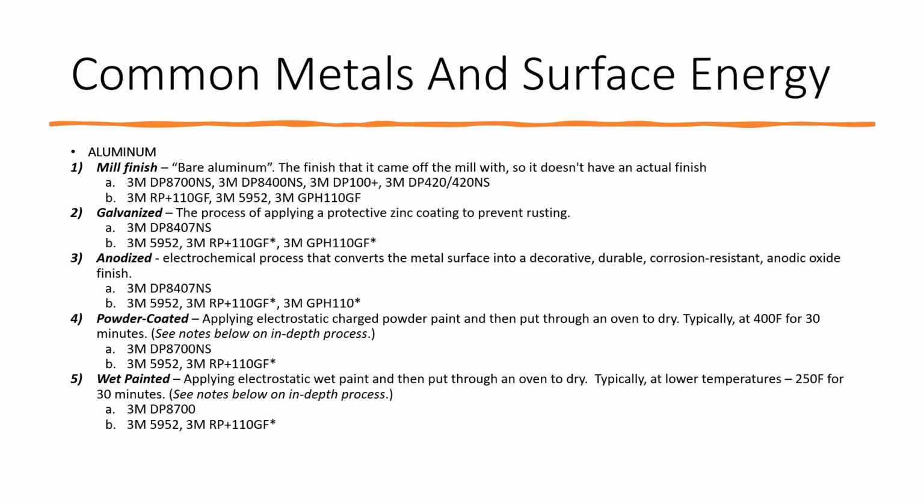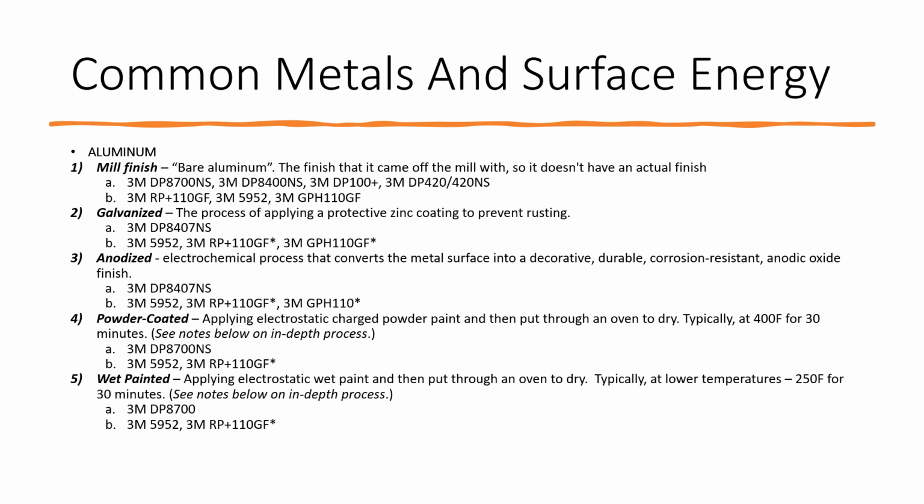So, common metals and surface energy. Aluminum is a big surface that we work with in a lot of different markets that we call on. So when we're looking to bond to aluminum and other types of materials, specifically metals, we want to make sure that we know what's on top of that substrate that we're actually sticking to.